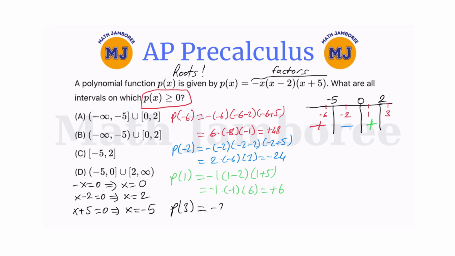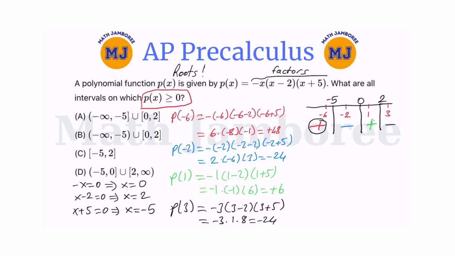If you just put 3 for the x, negative 3 times 3 minus 2 and 3 plus 5, this is negative 3 times 1 times 8, which is negative 24. So the sign is negative here.